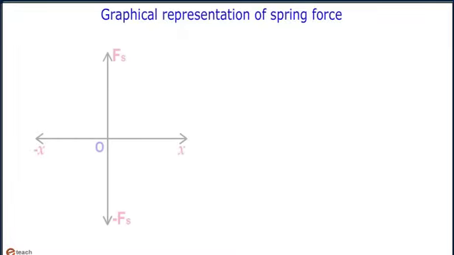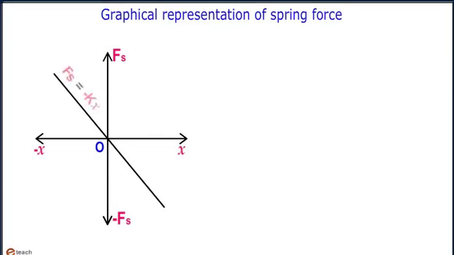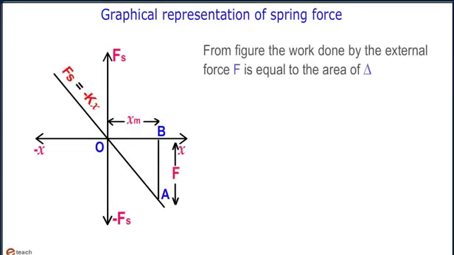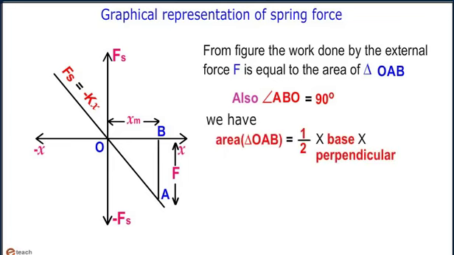Now, graphical representation of spring force. See the graph of Fs and x. From the figure, the work done by the force F is equal to the area of triangle OAB. Also, angle ABO equals 90 degrees. We have area of triangle OAB equals half of base into perpendicular.